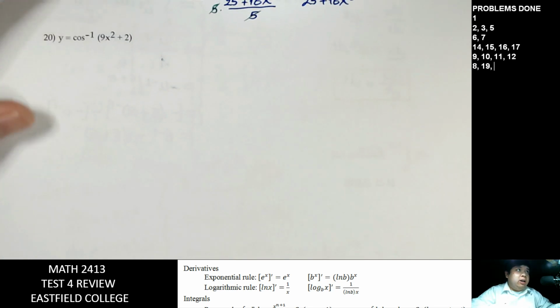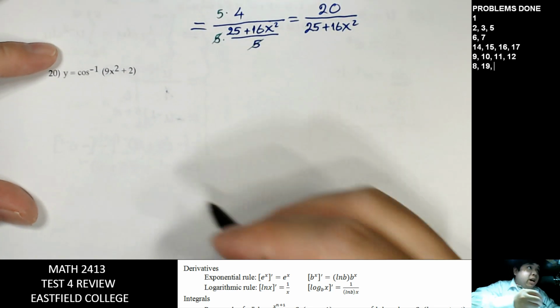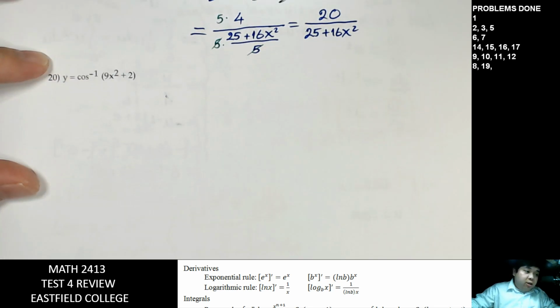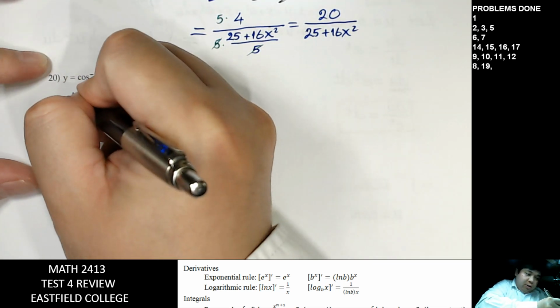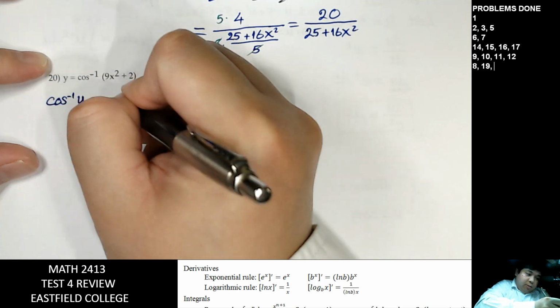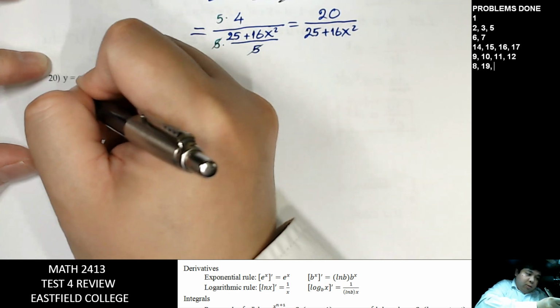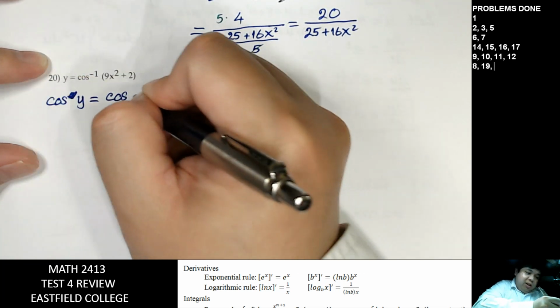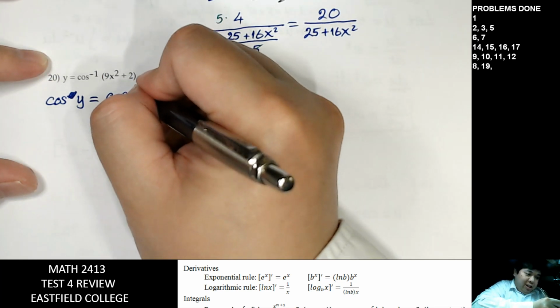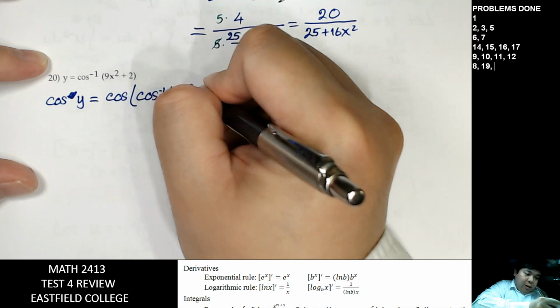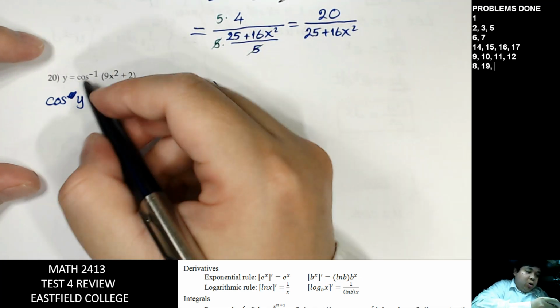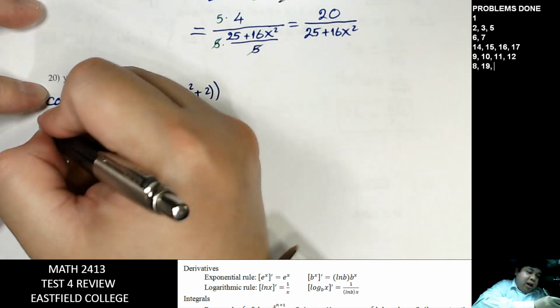Let's look at 20 as well. So once again, we will take the cosine on both sides, just the cosine, sorry. So cosine and cosine inverse cancel out.